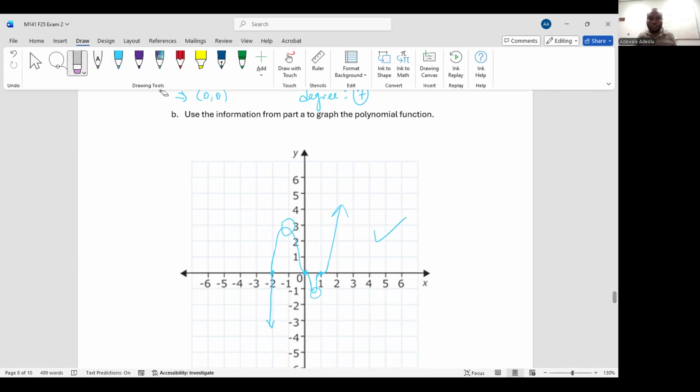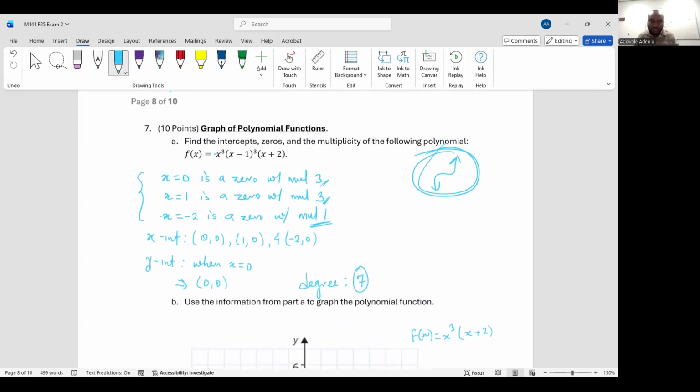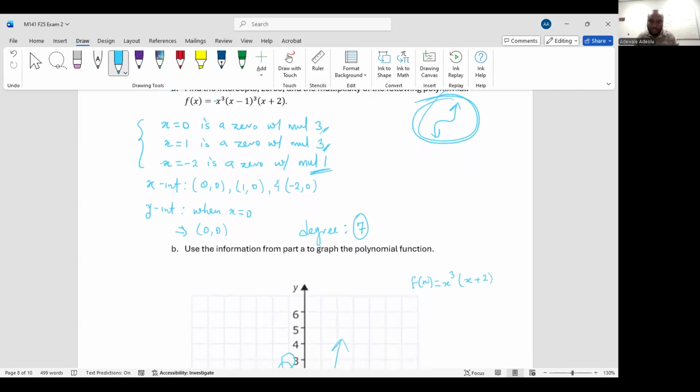But then, for such curiosity, all you need to do is, we know that f of x is given as x cubed times (x plus 2) raised to power 1, then (x minus 1) raised to power 3.